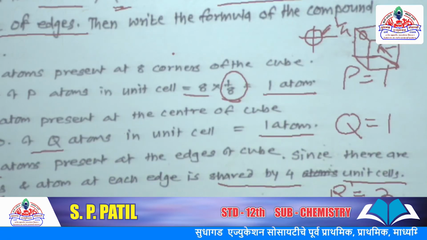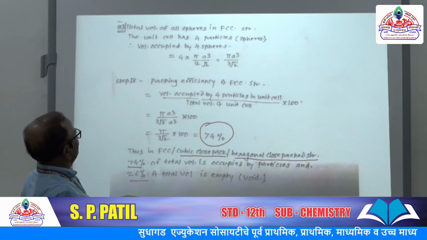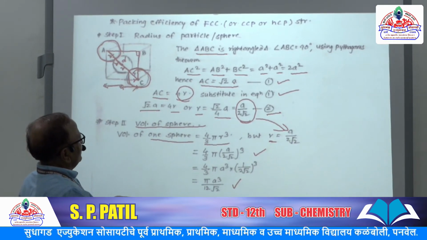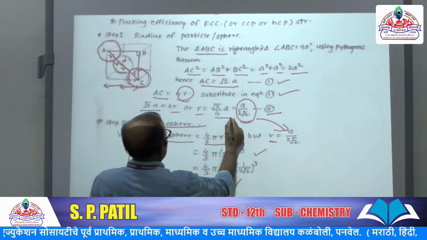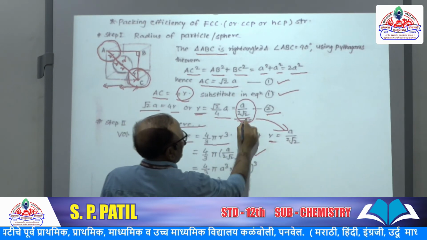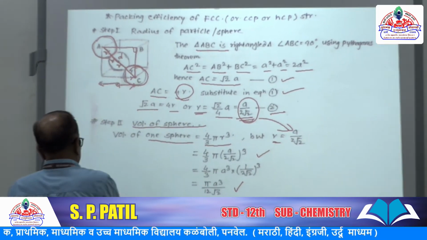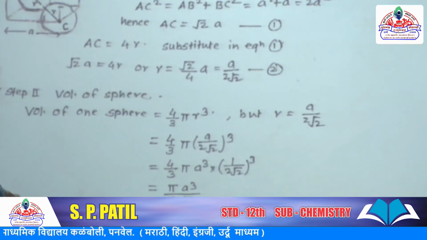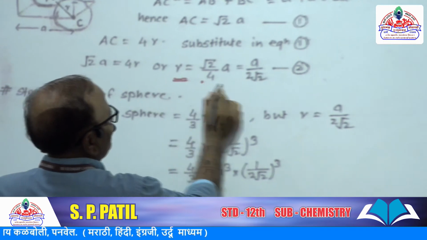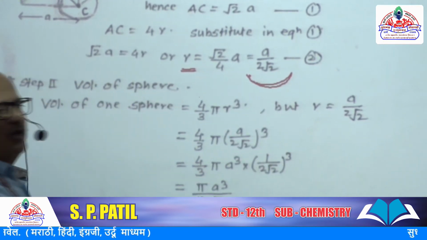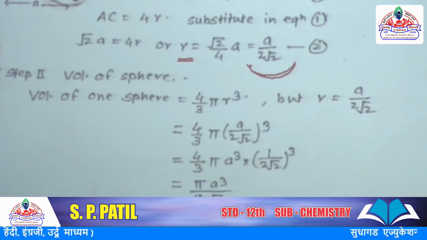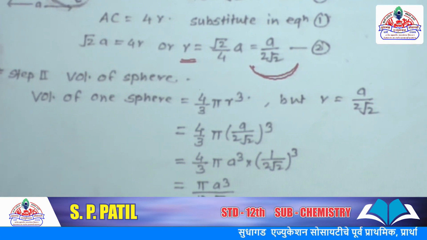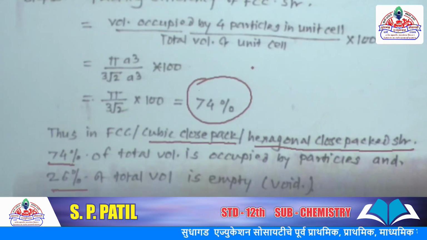For FCC, the radius is r equal to a upon 2 root 2. This is the formula for the radius of the FCC structure. Now let us come to our sheet.